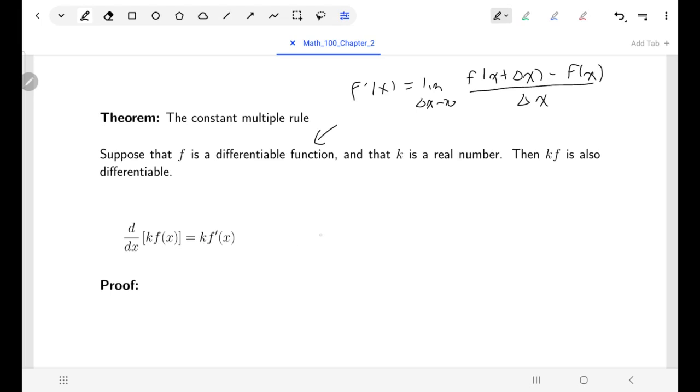If we're looking for the derivative of k times f of x with respect to x, well then all we need to do is get out our difference quotient and get to work.